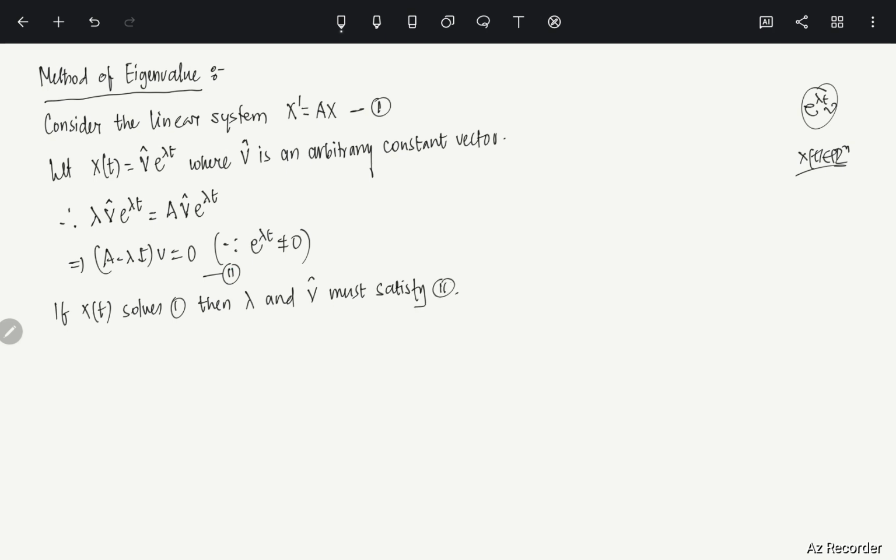Now 2 is nothing but the eigenvalue problem. We are always assuming v to be non-zero, because if v is 0, of course there is a solution, the zero solution. That's not interesting. So we are looking for an eigenvalue problem. If we can solve the eigenvalue problem, we get a lambda and a v, and you just put it there, and then you have your solution. That's the idea essentially.